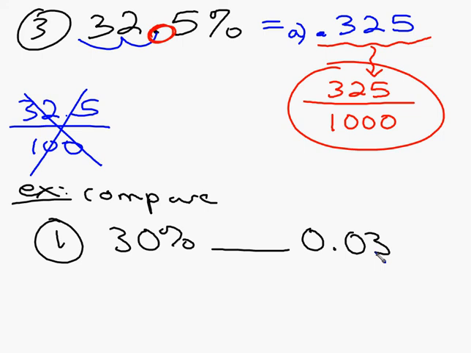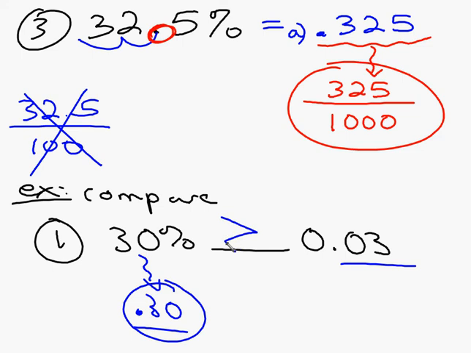Can't I write 30% as a decimal? What is it as a decimal? 0.30. So if I was comparing 0.30 to 0.03, which one would be bigger? This one here. So you're going to use a greater than, less than sign, so it should have been the one on the left is greater than the one on the right.